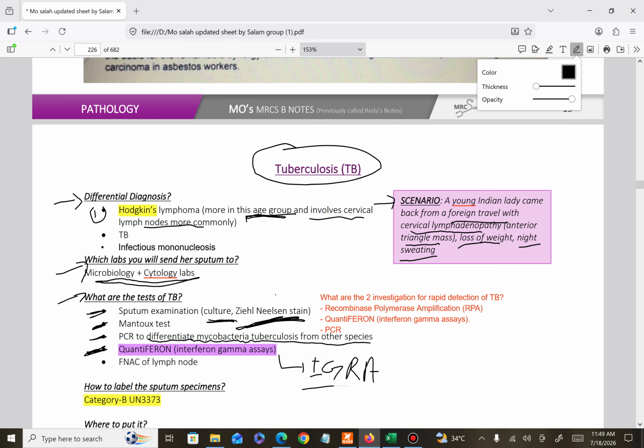But this test can give a false positive result after BCG vaccination. So if someone has had a BCG vaccination in the past, this test can give a false positive result for tuberculosis. Then the fine needle aspiration cytology of lymph nodes, because there is lymphadenopathy.